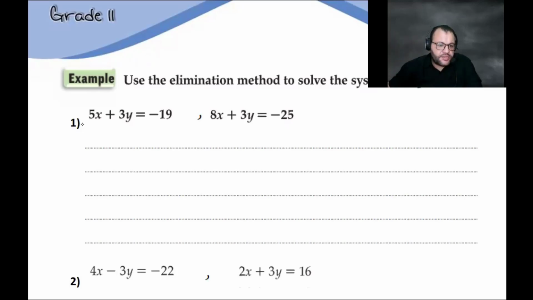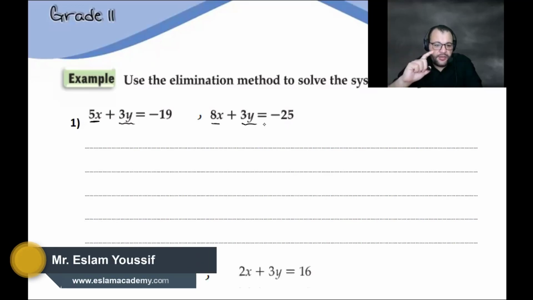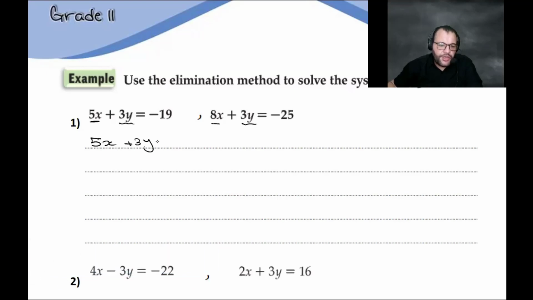So look at the x. The first one is 5 and here we have 8. They are not equal, but we have 3 and 3. They have the same coefficient, so we can change one of them to make the opposite sign. So write the first one without any change: 5x plus 3y equals negative 19, and change the sign of the second one by multiplying by negative 1.